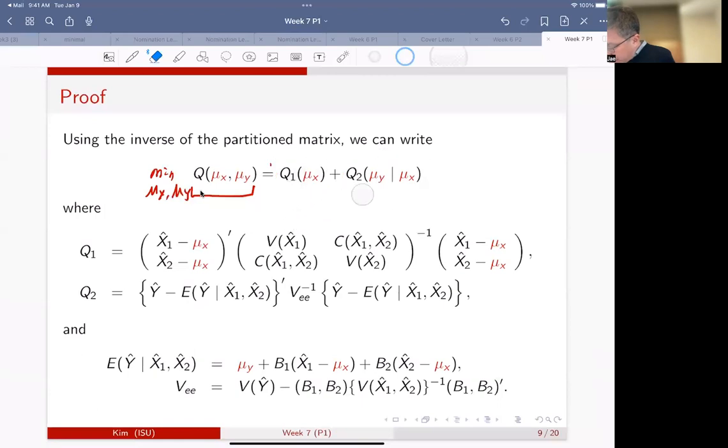So now you understand why I try to do it. The next question is, why does this equality happen? How can we show it?